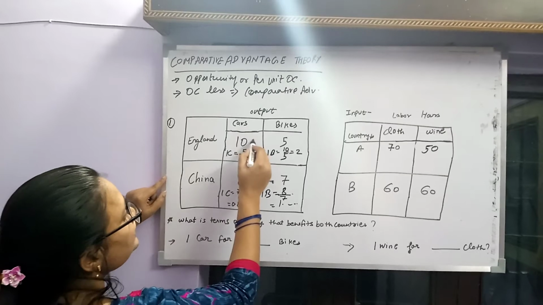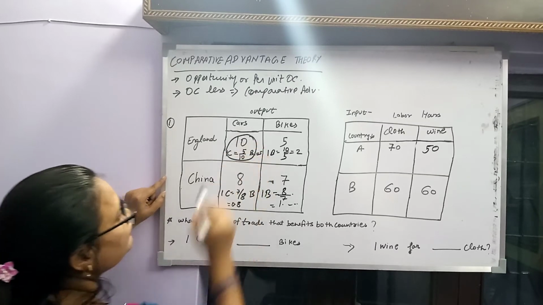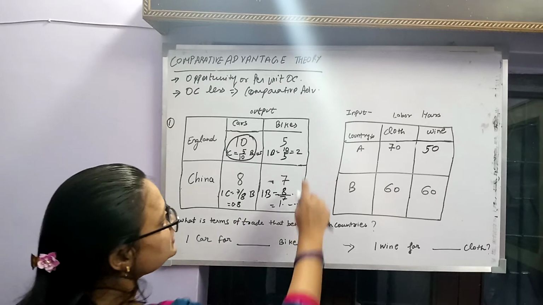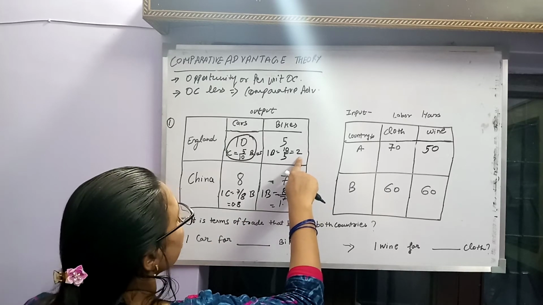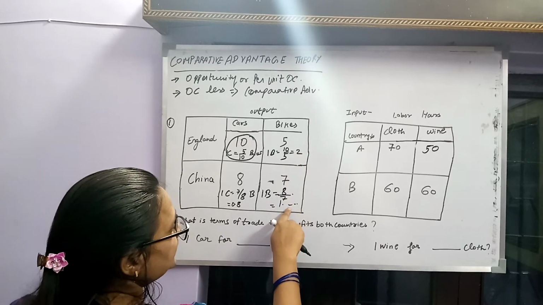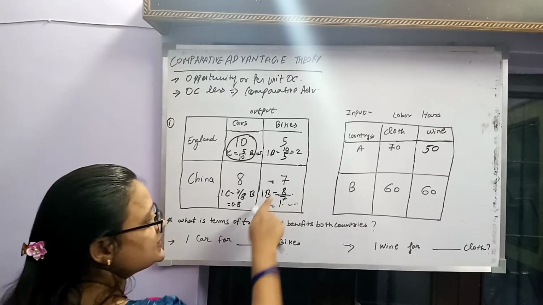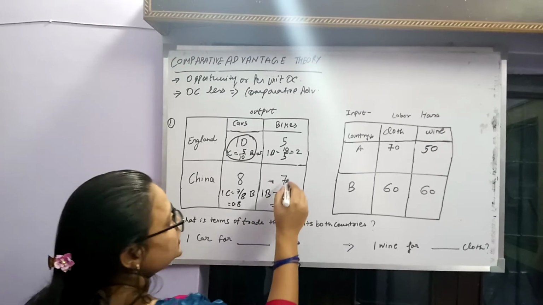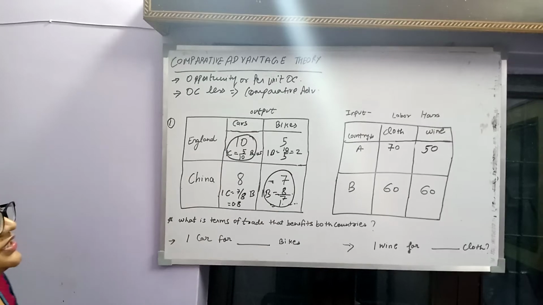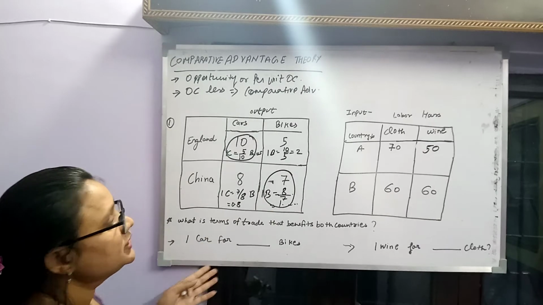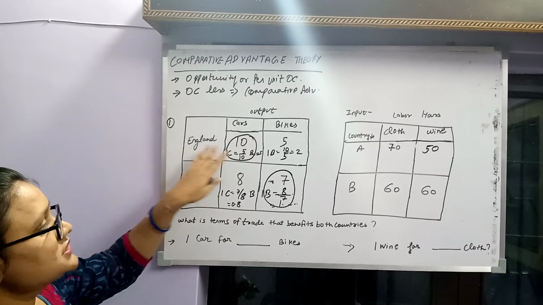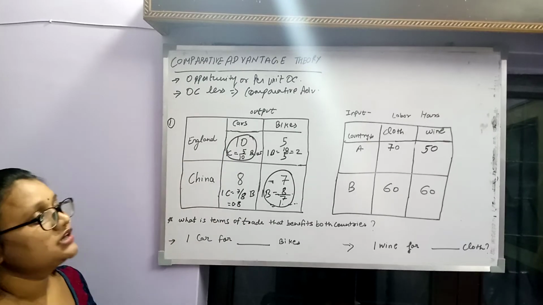So England has a comparative advantage in producing cars. Similarly for bikes, the opportunity cost of producing one bike is 2 in England, and in China it is 1 point something. So it is less in China, which means China has comparative advantage in bikes and England has comparative advantage in cars.